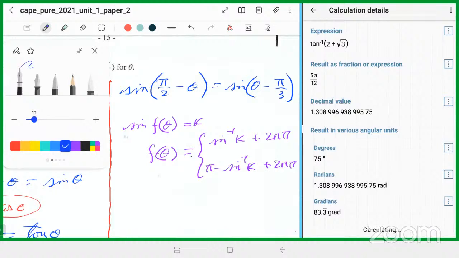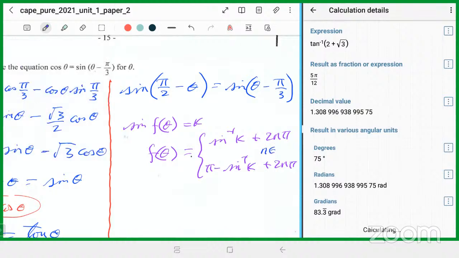So add that as well. N is an integer in there. You always have to make sure you state that. So that's the approach we're going to use.